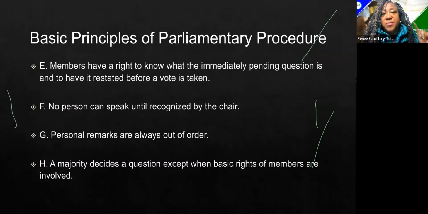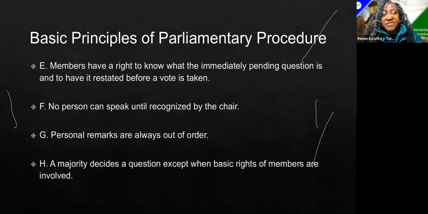Because number one, the presiding officer must state your motion exactly as you stated it at least twice during the procedure for motions. And the recording secretary makes a record of all motions, whether they pass or fail or die for lack of a second, it doesn't matter.